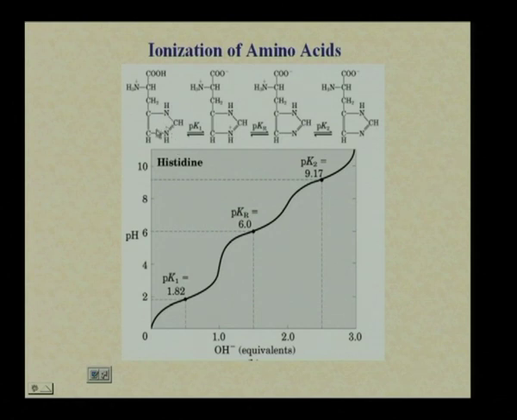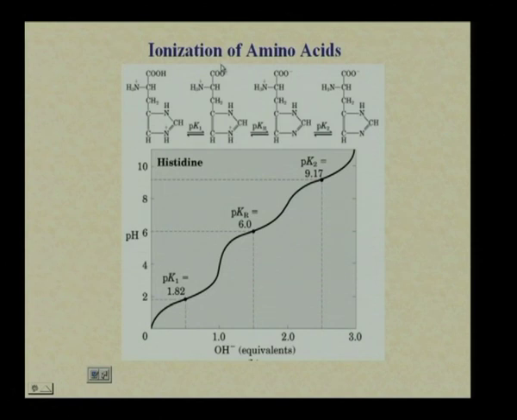So, we have the side chain protonated, we have the amine group of the amino acid protonated, we have the COOH protonated. As we increase the OH minus additions, what is going to happen is I am going to lose this proton, right.